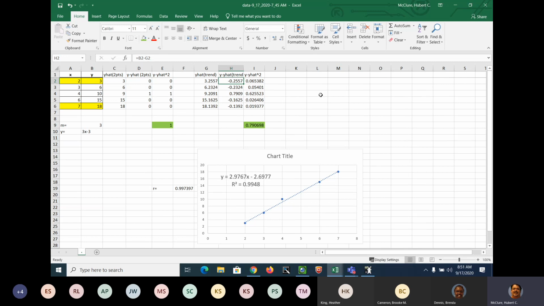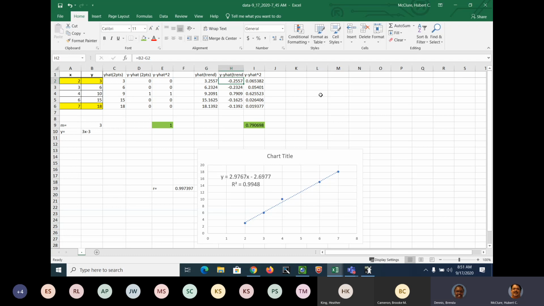So I'm going to be writing those down. So y minus y hat on this one is going to be 0, 0, 1, 0, 0. And over here, negative 0.25, dot, dot, dot, negative 0.23, dot, dot, dot, positive 0.79, dot, dot, dot, negative 0.16, dot, dot, dot, and negative 0.13.